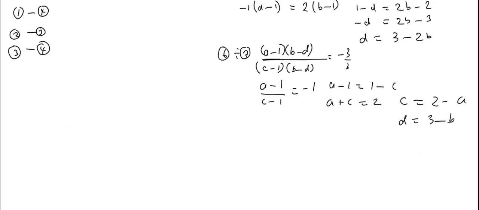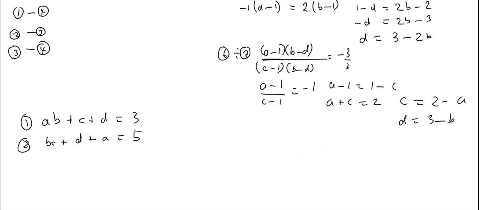And we can put these into our equations 1 and 2. We could do any of them, but I'm choosing 1 and 2. AB plus C plus D equals 3, and BC plus D plus A equals 5.